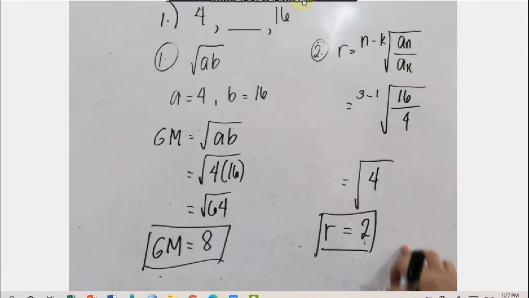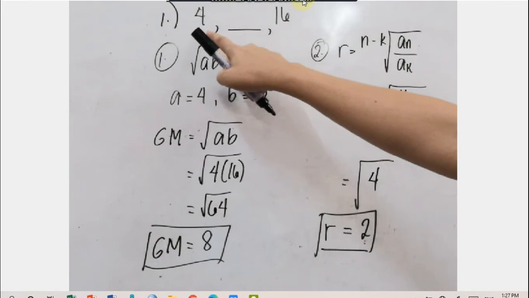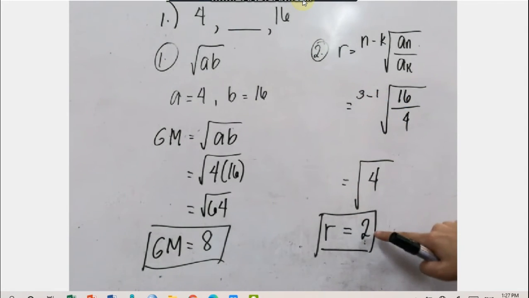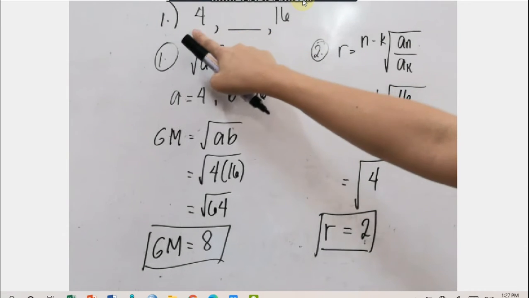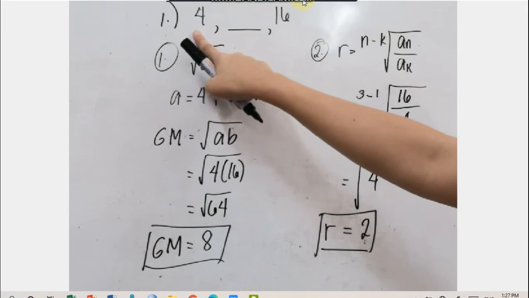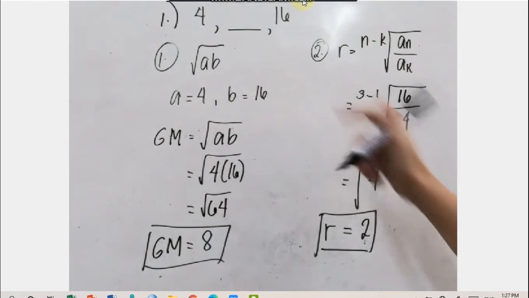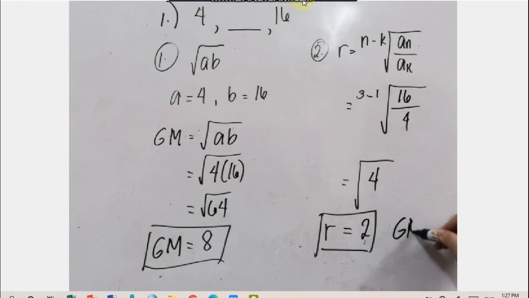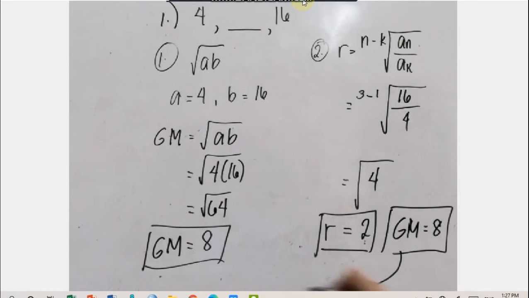For us to be able to find the next term, we multiply our common ratio to our preceding term. So 2 times 4 is equal to 8. So our geometric mean here is equal to 8. Right? They are just the same.